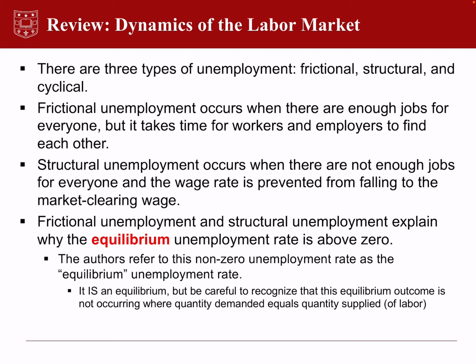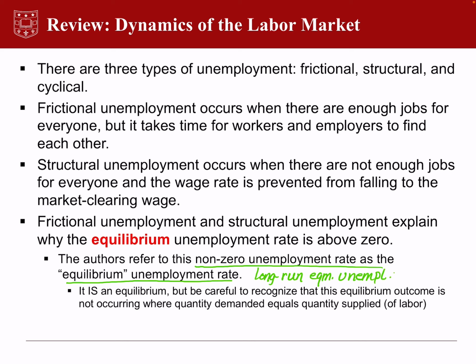Frictional and structural unemployment together will explain why the equilibrium unemployment rate is above zero. So, this is important. The authors are referring to this non-zero unemployment rate as the equilibrium unemployment rate. And we think about this as being the long-run equilibrium unemployment rate.